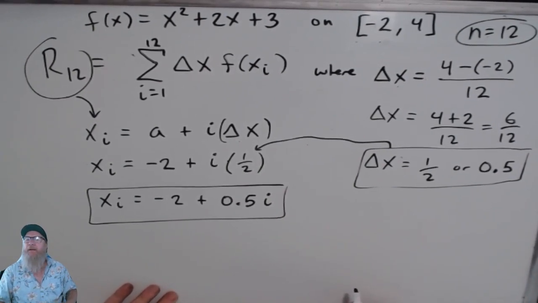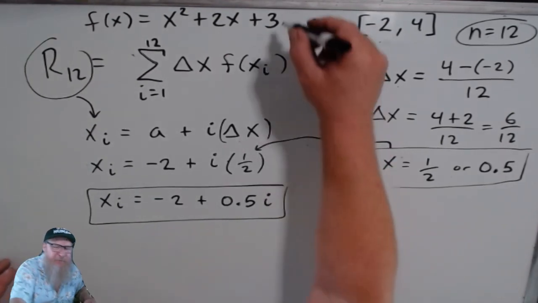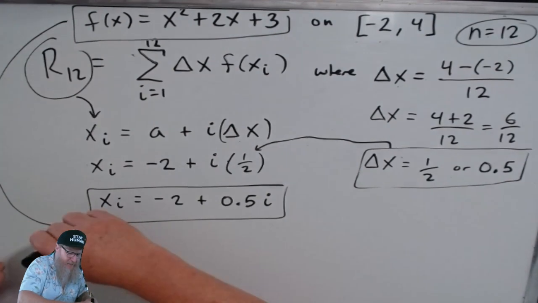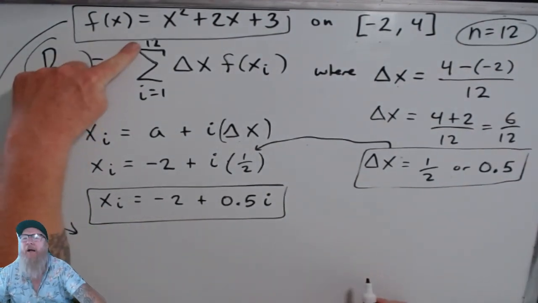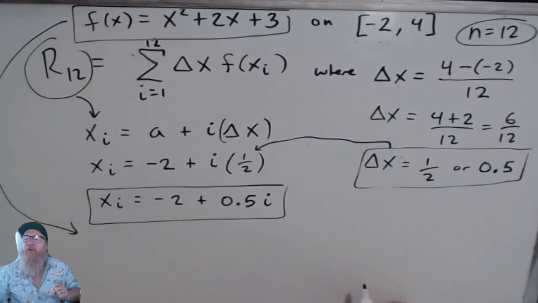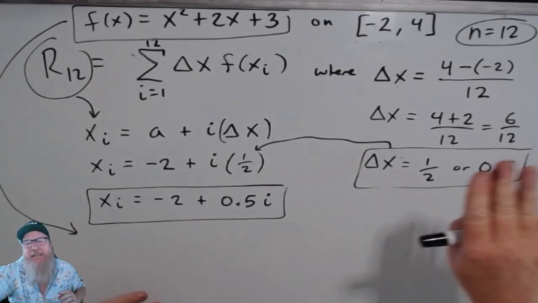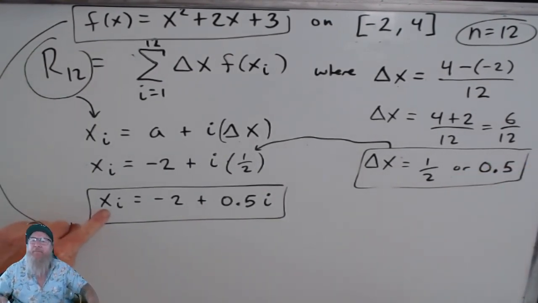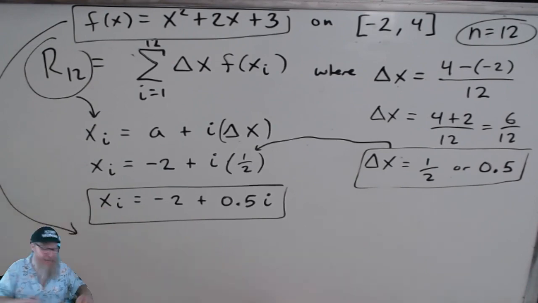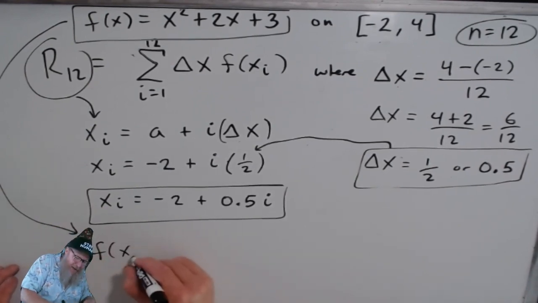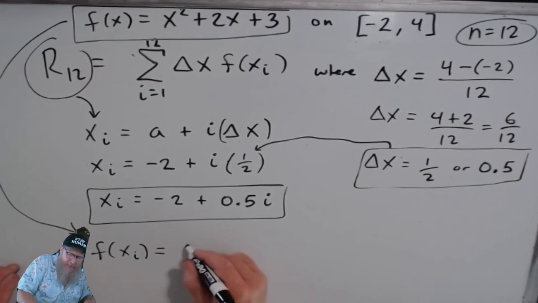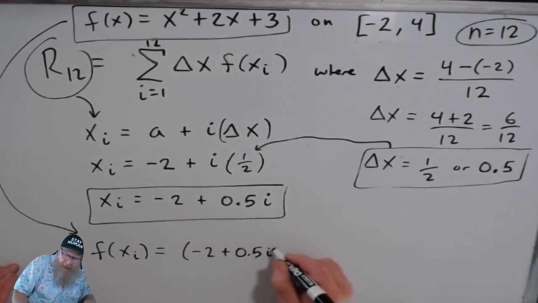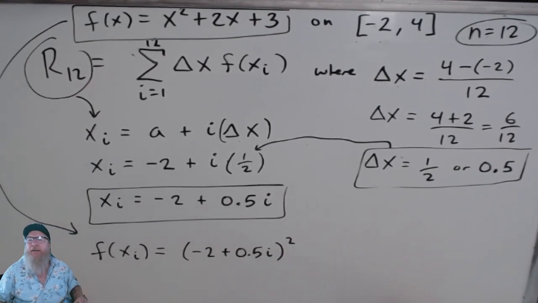Okay. So now let's figure out our f. Now we have to do 12 rectangles. So I don't want to make a list of 12 numbers, right? I can just do it one time, just using xi. So f of xi is -2 plus 0.5i squared, right?